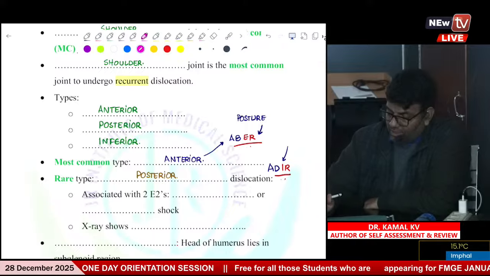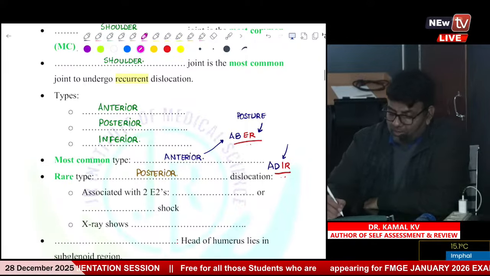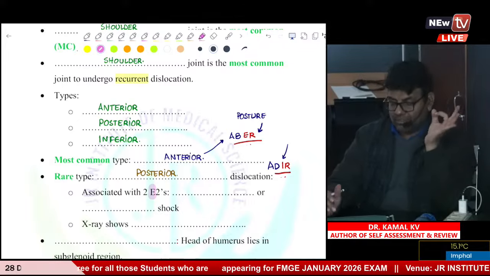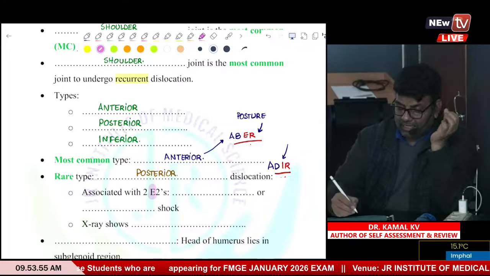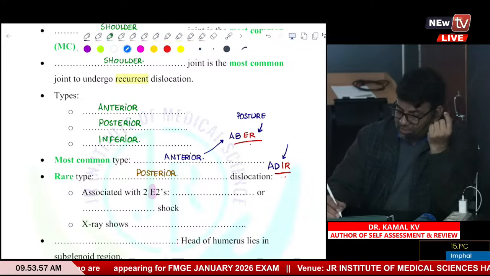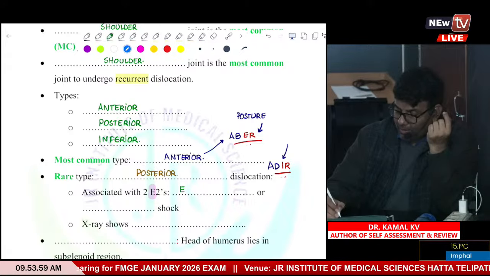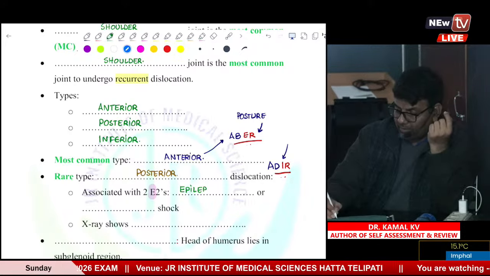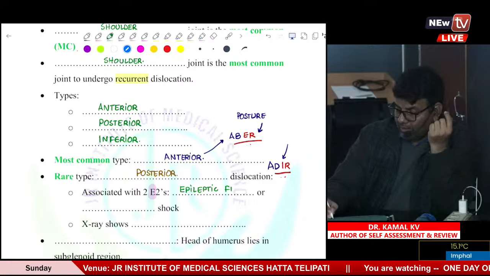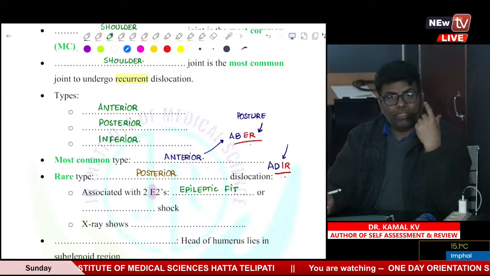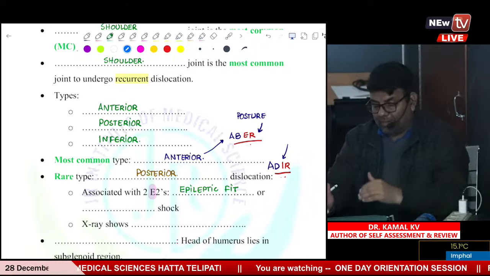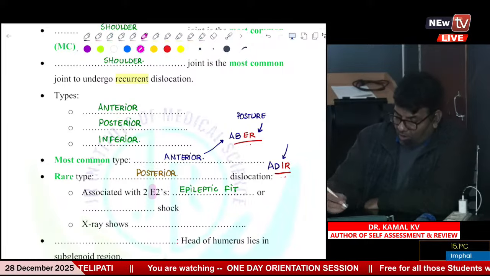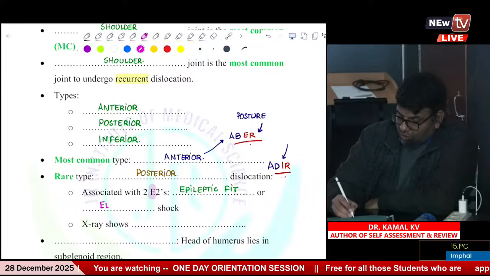Now posterior dislocation of shoulder is especially seen in two circumstances which start with E. One of the circumstances is epileptic fit. Clear? So if someone is having a convulsive episode or epilepsy, there is high possibility of posterior dislocation, or electric shock.